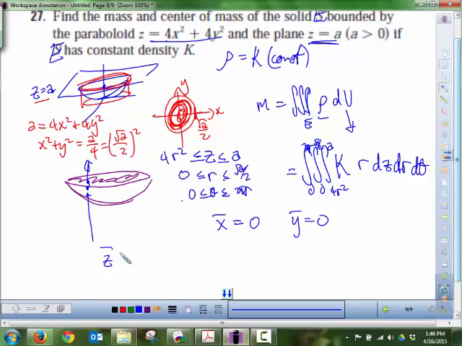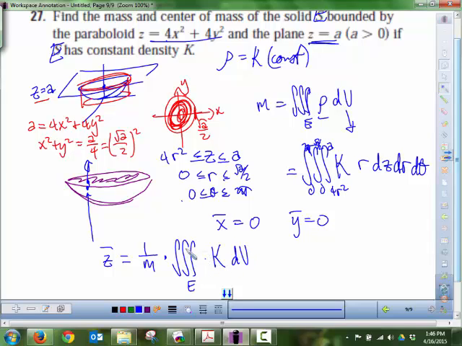So my z bar, this one I'm going to have to go through some computations. The formula is 1 over the mass, which we found already, which you will eventually find, times the same triple integral over E of K, dV.